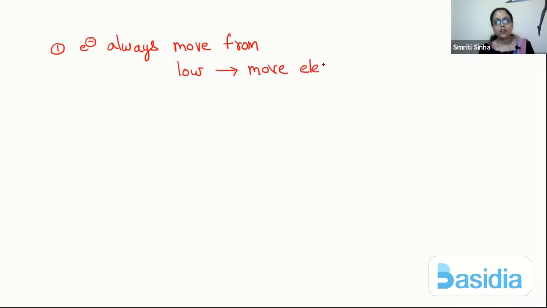So you need to always move your electron from low electronegative atom towards more electronegative atom. First thing. Second, there is always movement of sigma electrons. Remember, here no pi electrons are involved. Always there will be movement of only and only sigma electrons.